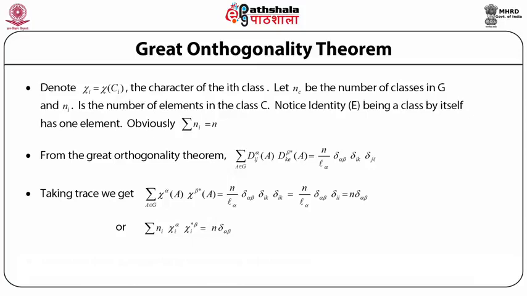Or in other words, the sum over classes of N_i times the character of the ith class in the representation D alpha, multiplied by chi_i star of beta, that is, the character of the ith class in the representation beta, is equal to N times delta alpha beta. This is the great orthogonality theorem for the characters.